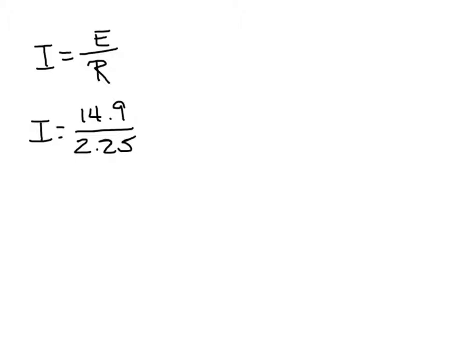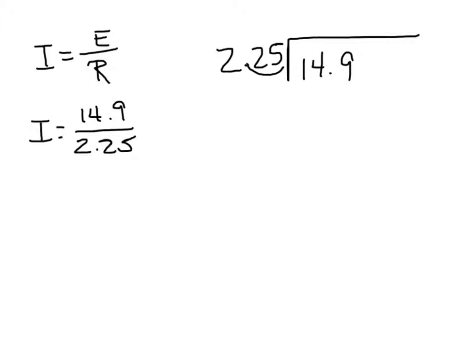Coming over to the side to do my division, I'm going to have 14.9 divided by 2.25. Once again, I need to move my decimal 2 places to make that divisor a whole number.